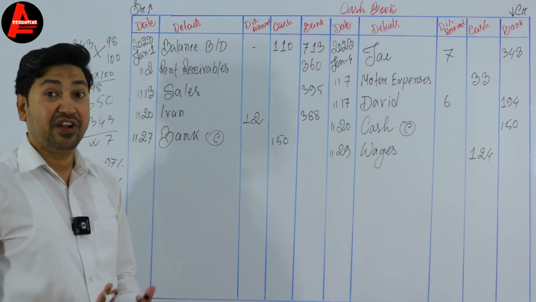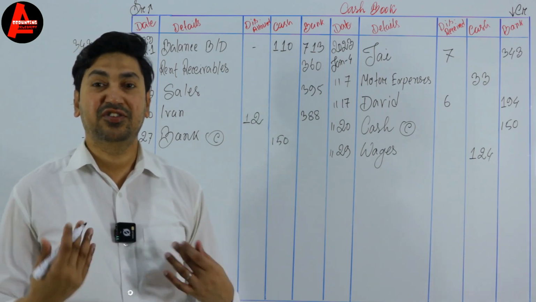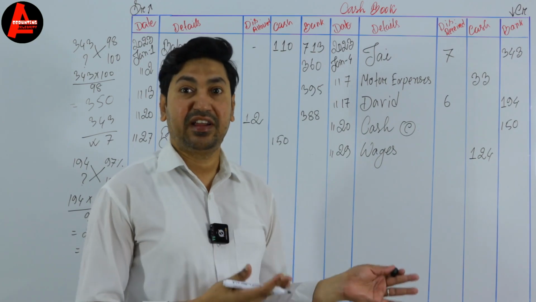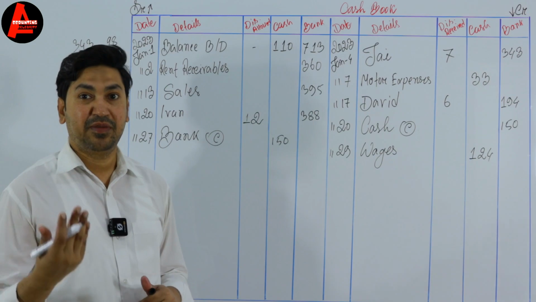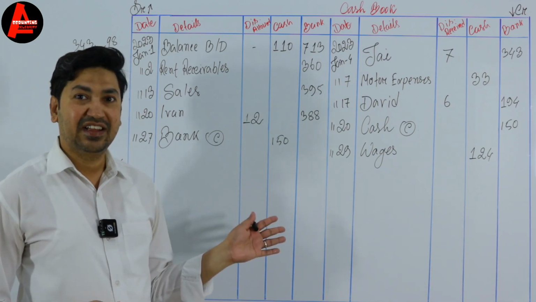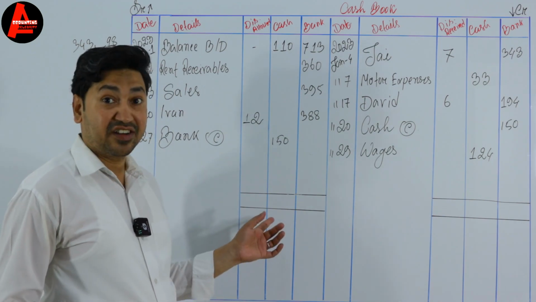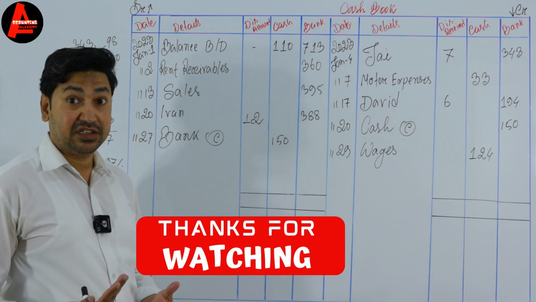Now we are required to balance this cash book. The balancing part is also complicated for many of you. Today, if you pay attention and try to understand this lesson, I hope you will never make a mistake in balancing the cash book. First of all, you need to close all these dollar columns. Now we will balance the cash column first.